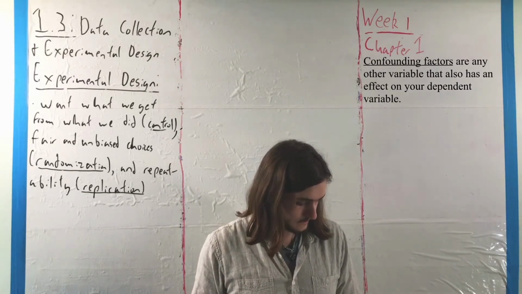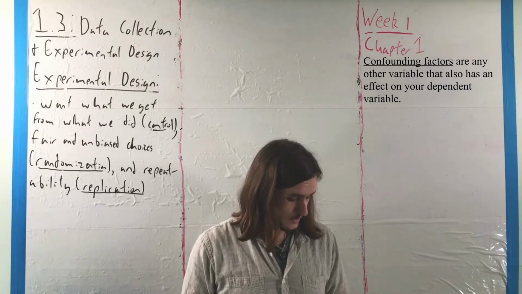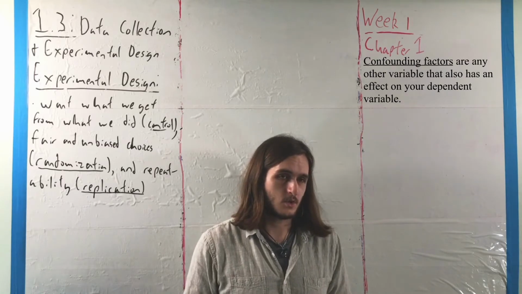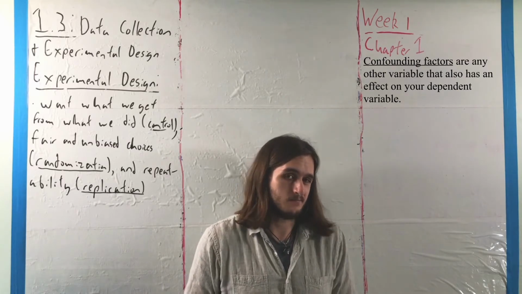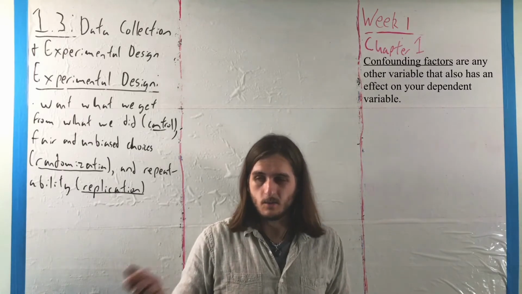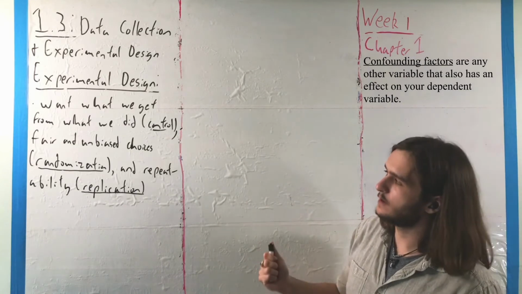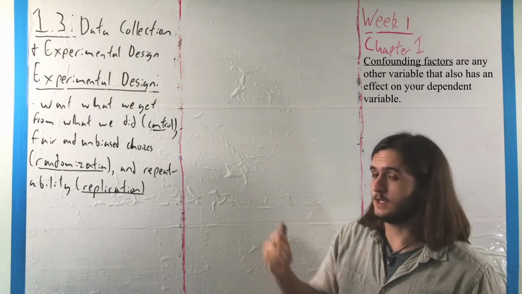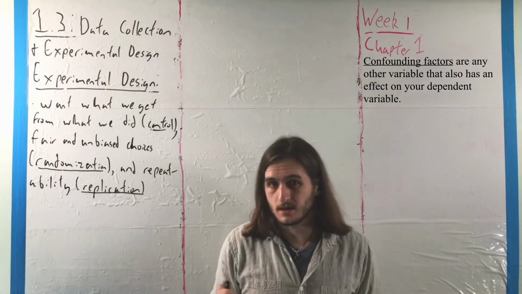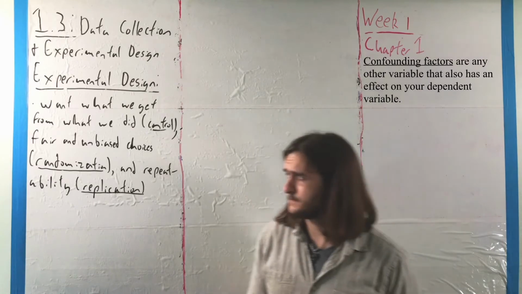In that case, if they have increased business, it might be because of the remodel, or it might be that another store opened a block away and people just like getting coffee on their way out from the store. We want there to be something that is actually measurable by what we're looking at. There's nothing else, or at the very least, what else could be affecting what we're doing is minimized.